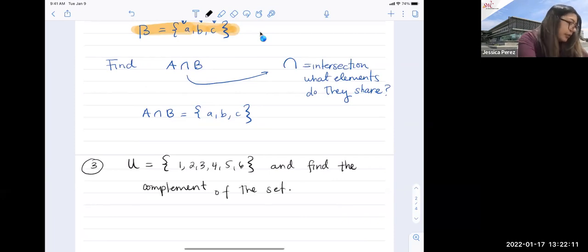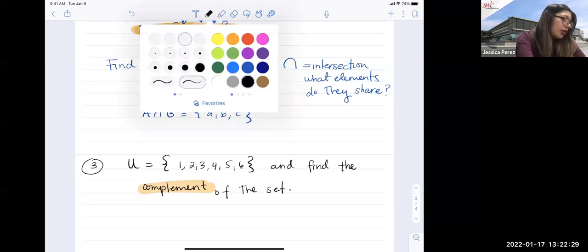Well, what does it mean to be the complement? The complement is very simple. It's what is not contained in the set. So in the set, we could say, oh, 7, 8, but the universe is finite, meaning it only has a certain number of elements.